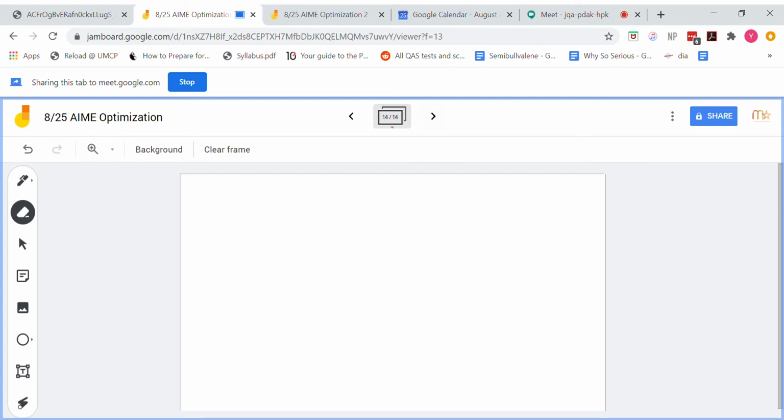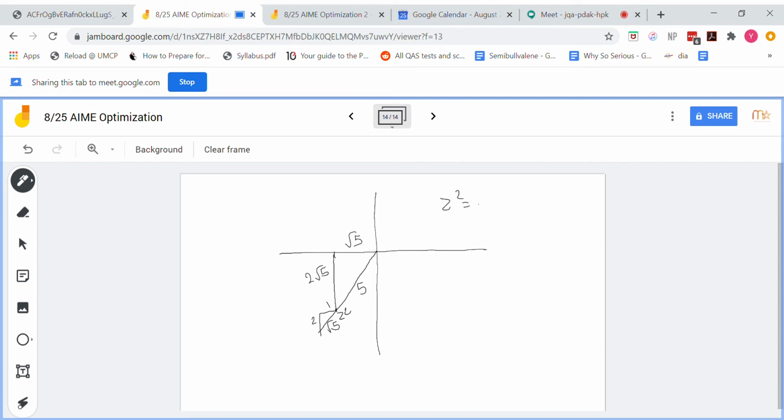If we're assuming that they're similar, or we want them to be similar, then z lies somewhere here, right? And so we know that this length is 5, this length is 1, this length is 2, this length is root 5. And so we can quickly figure out that this length is also root 5, this length is 2 root 5, and this is z squared. And so z squared equals negative root 5 plus negative 2 root 5 i, which is just negative root 5 minus 2 root 5 i.